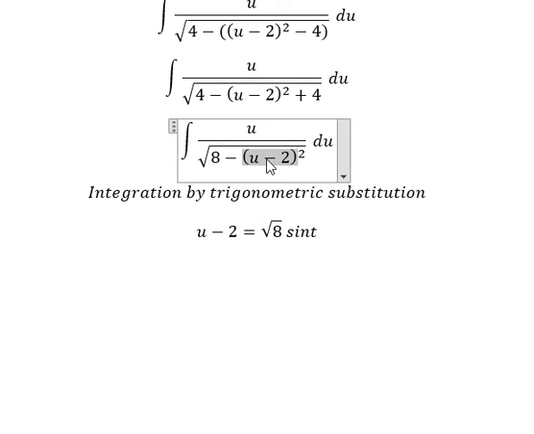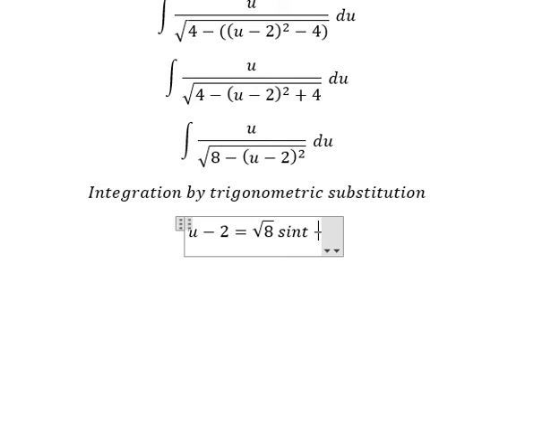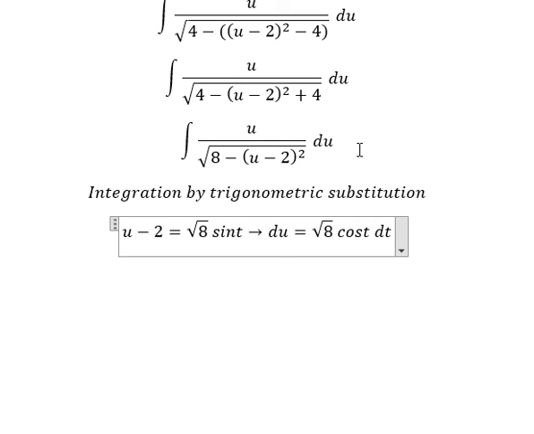Number 8, we can do factorization. 1 minus sine t square, we change to cosine t square, and later we simplify by the square root and dx or du. So if I do the first derivative for both sides, you get du equals the square root of 8 cosine t dt.